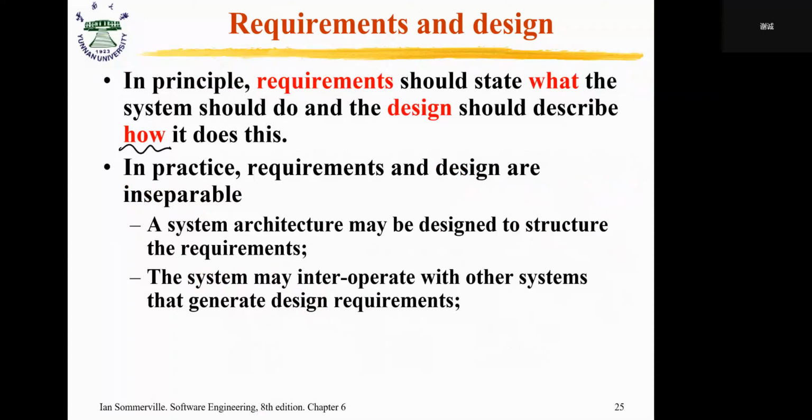That means in the requirement, in the first iteration, you only need to identify what the system should do. This is the only work you need to do for the first version and the second version also. But in the design iteration, design process, you should answer how the system done it.